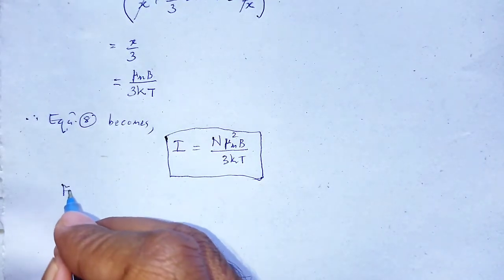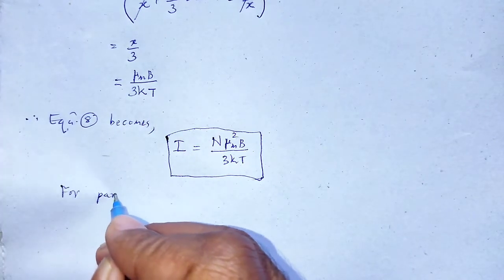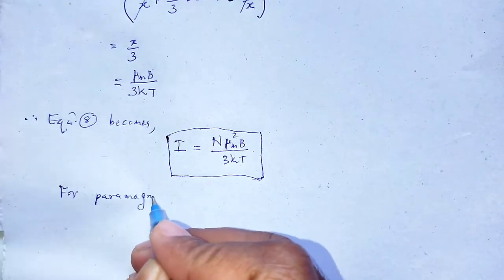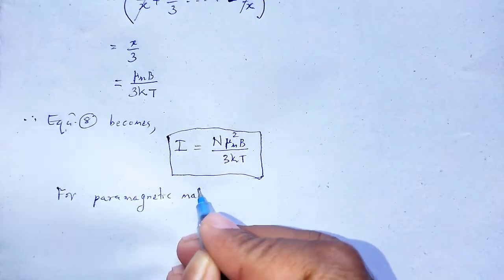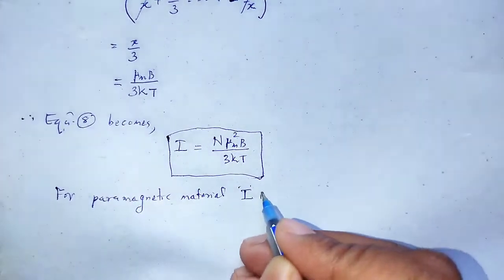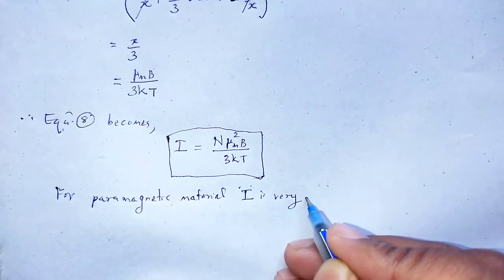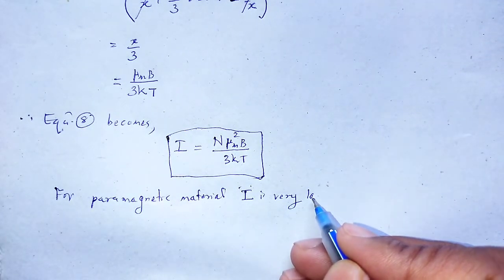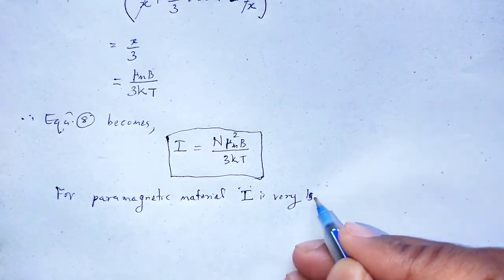For paramagnetic material, the intensity of magnetization is very small.